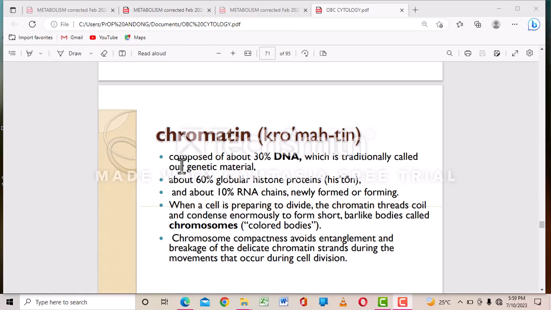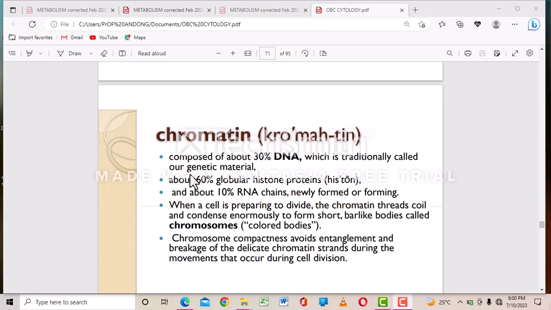So the chromatin is composed of 30% genetic material, that is the DNA, 60% globular proteins known as histones, and 10% RNA. It must be clearly noted that the chromatin can be divided into two.